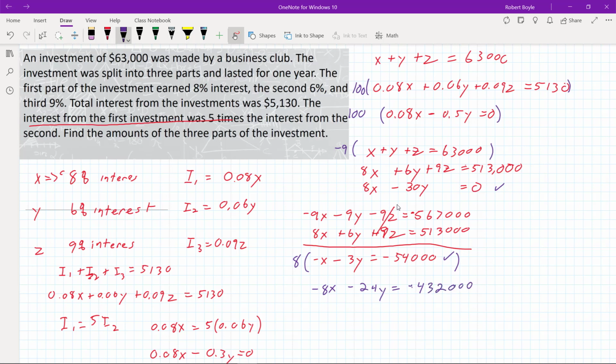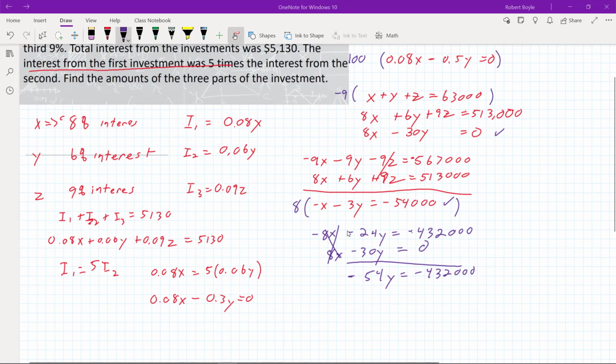And then I'm going to add this equation to that one: 8x minus 30y is equal to 0. Of course, the x's cancel. And over here I have negative 54y is equal to negative 432,000. And if I divide both sides by negative 54, I will find that y is equal to $8,000.